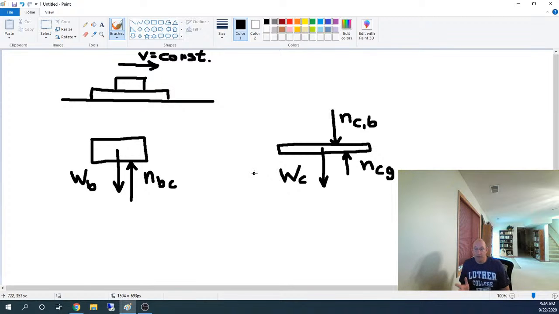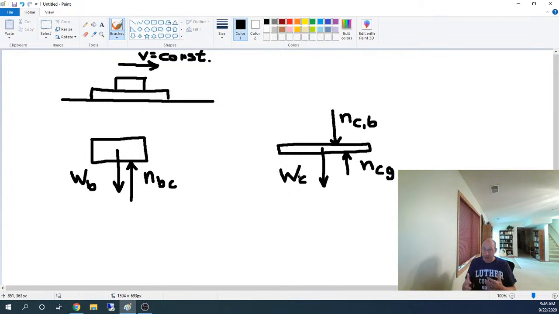I saw a lot of folks who put down that the action-reaction pair of the weight here is the normal force on the cushion or something like that. I want to mention that action-reaction pairs always have to be the same type of force. A gravitational force cannot be an action-reaction counterpart to a normal force.